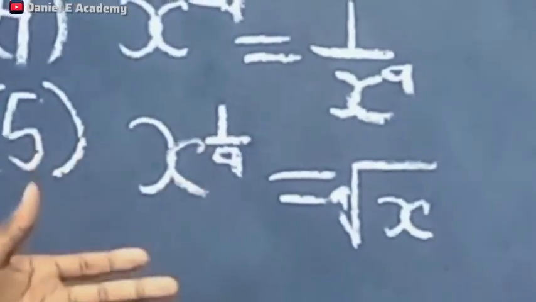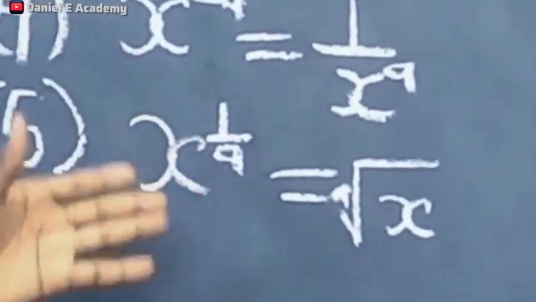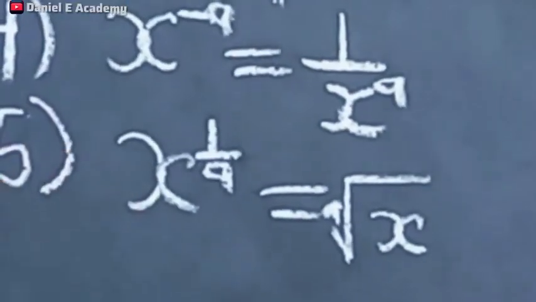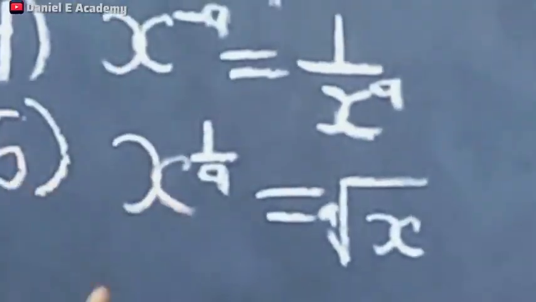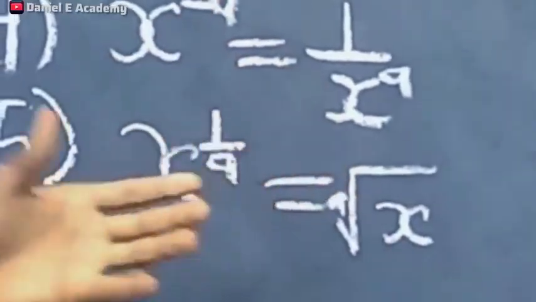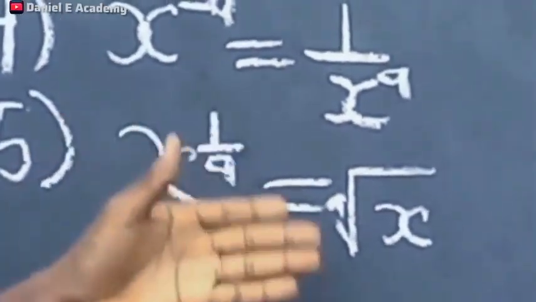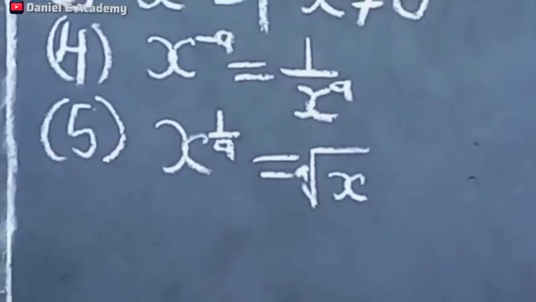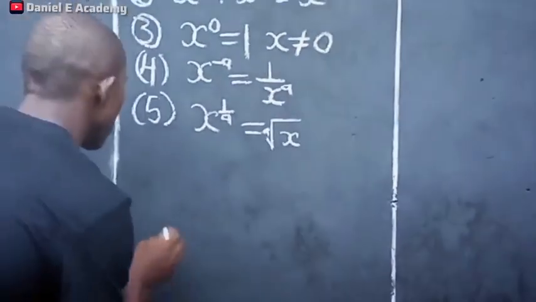This law is trying to tell us that x to the power of 1 over a, and this a can be either 2, 3, 4. So if it's 2, you take the square root of x. If it's 3, you take the cube root of x. If it's 4, you take the 4th root of x. That's what this law is simply trying to tell us.